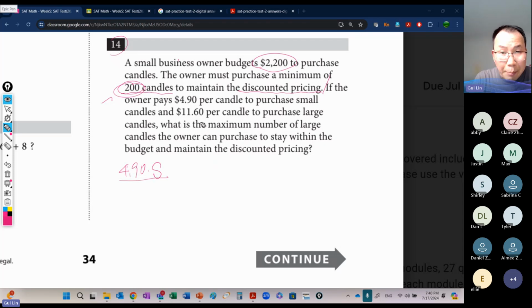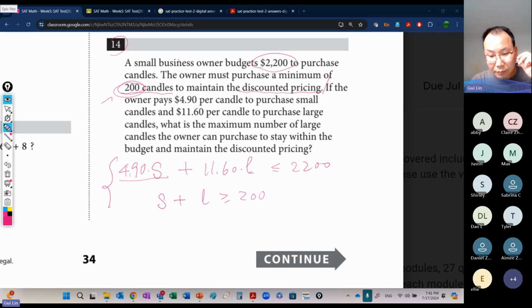And $11.60 per candle to purchase larger ones. We say L, 11.6 times L. The total cost together should be less than or equal to 2,200. And the total number is a minimum, so S plus L is greater than or equal to 200. So we can build these kinds of questions into a system of inequalities.